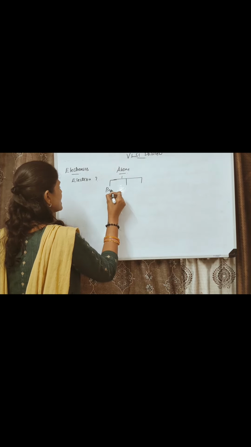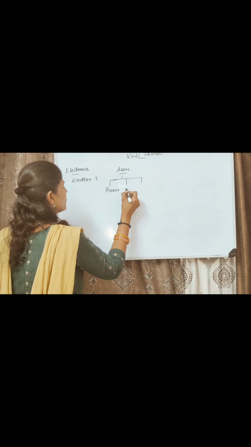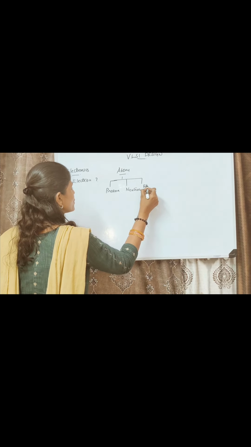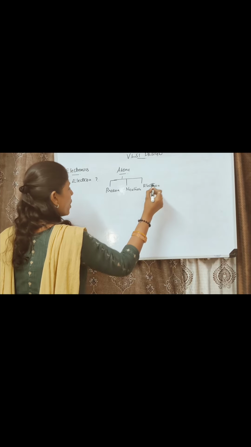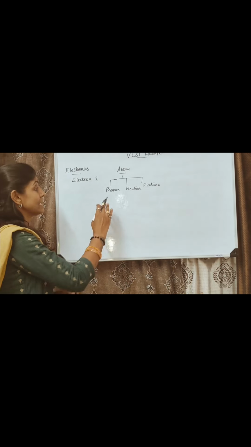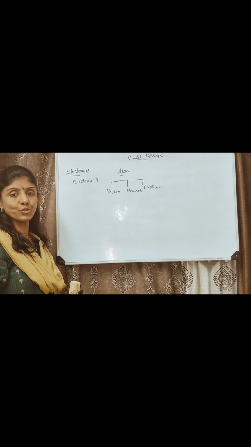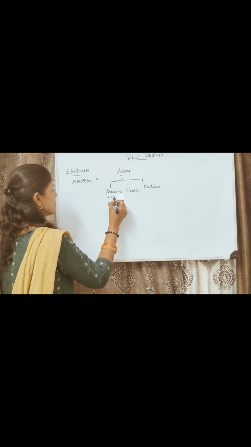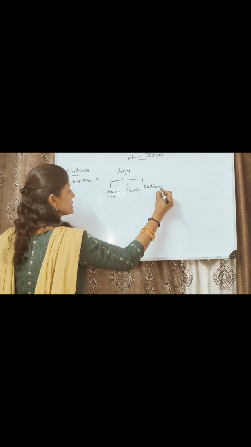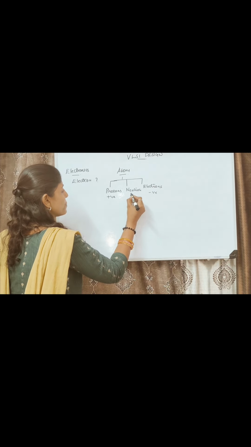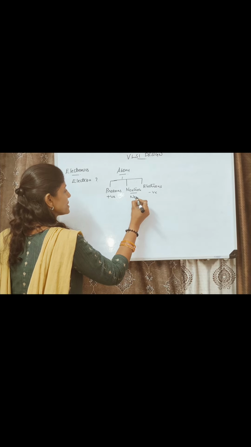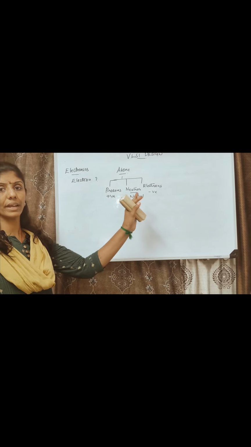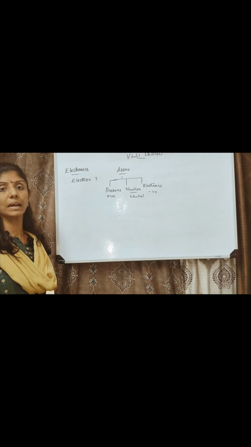One component is termed the proton, another is the neutron, and another is the electron. Protons are positively charged particles, electrons are negatively charged particles, and a neutron is neutral. Based on these three components, the atom is comprised.